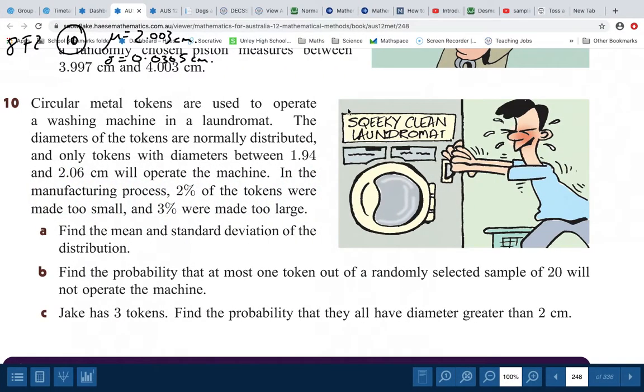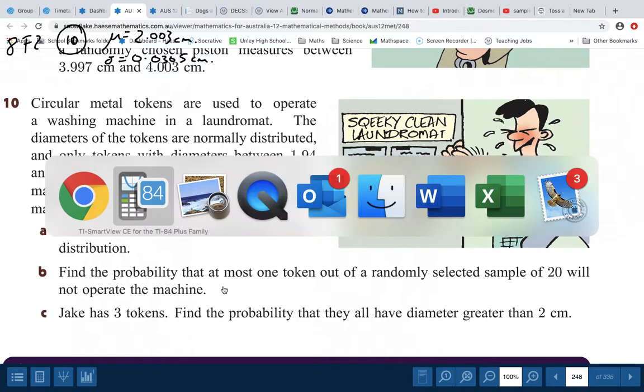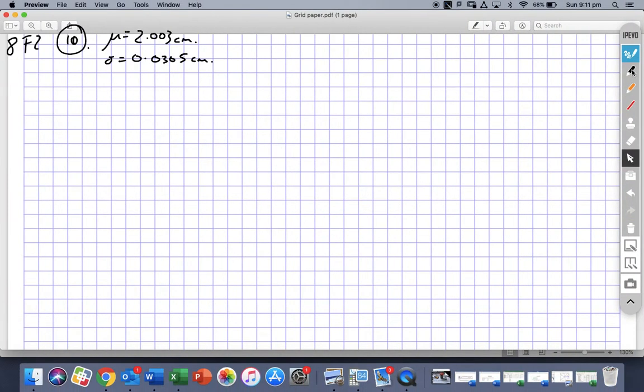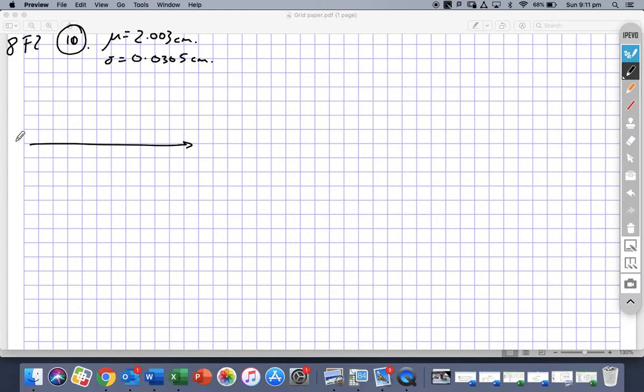Wrong button. Next. Find the probability that at most one token out of a randomly selected sample of 20 will not operate this machine. Well, what's the probability that a token won't operate the machine? I should have kept that picture up. Okay, 2% of the tokens are too small, 3% are too big.